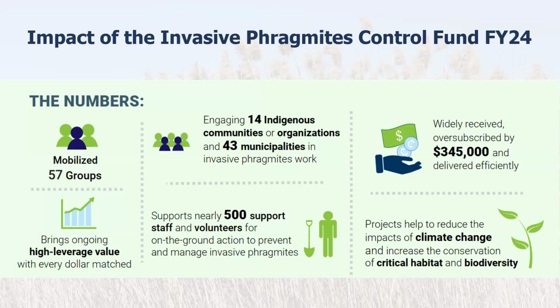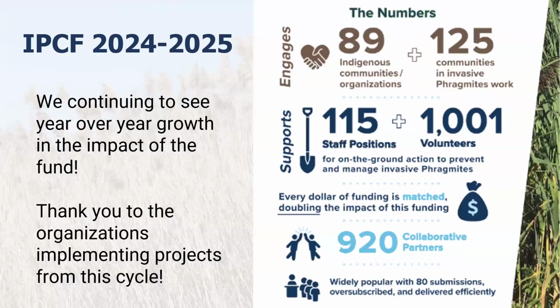And just to show how we do have that continued growth year over year, these are the numbers that we are looking at for fiscal year 2024, 2025. And this would be for projects that are going to be completed in February of 2025. So the current cycle that we have going.